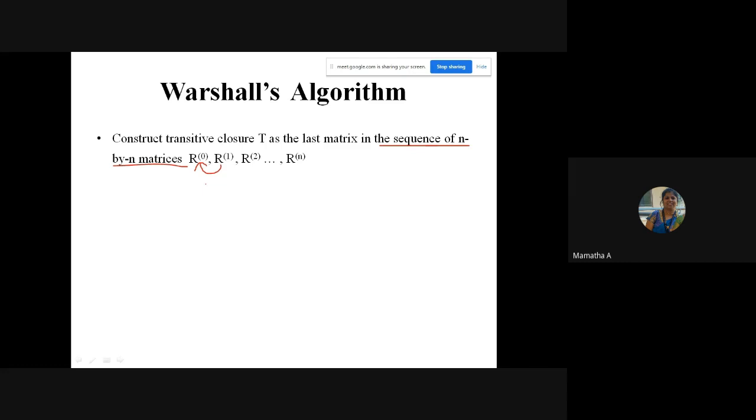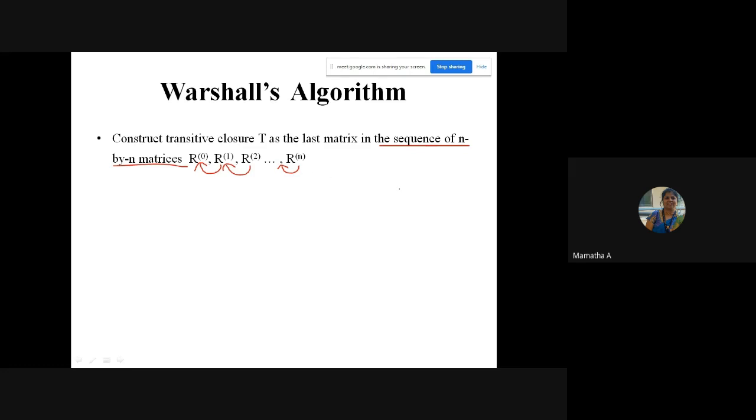To get R2, I want the solution of R1. Similarly, to get Rn, I should obtain the solution of which subproblem? R to the power n minus 1, right? This is the relationship that has been maintained.